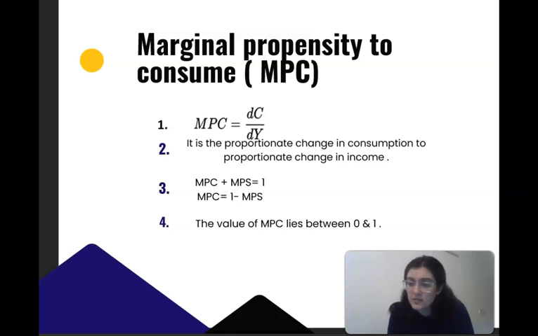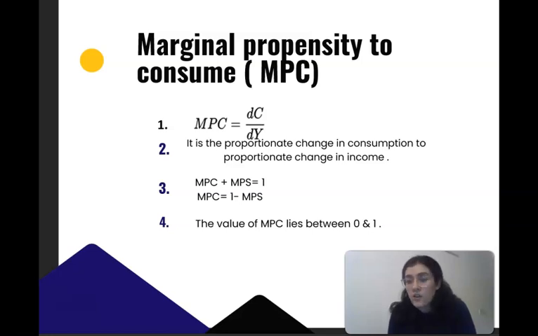Marginal propensity to consume, as I told you in my previous slide, is MPC, which is equal to dC upon dY. Actually, it is the proportionate change in consumption to proportionate change in income. Suppose my income increases by 100 rupees, which is very little in today's world, but still for better understanding.